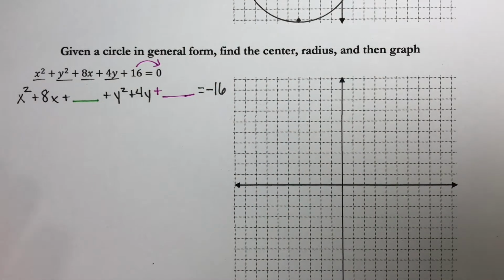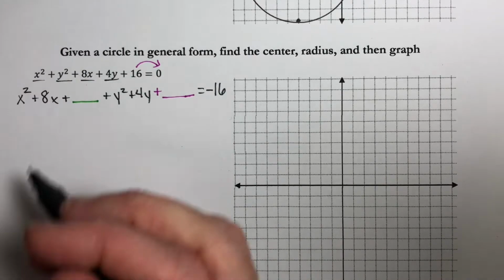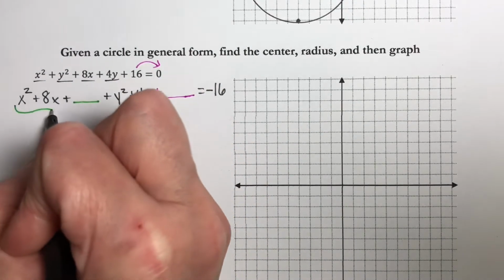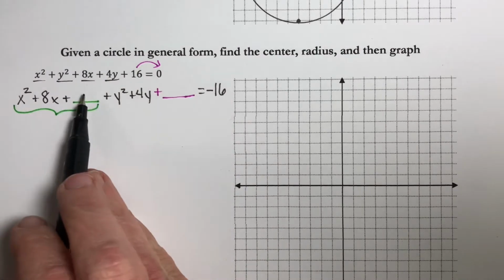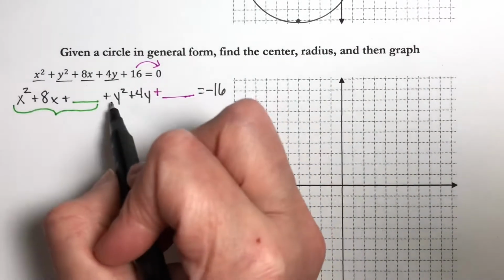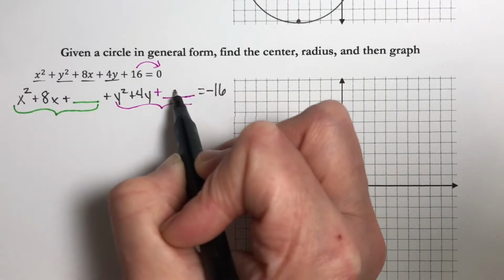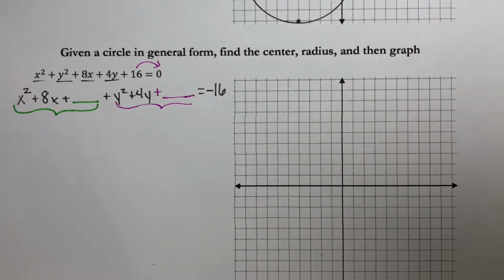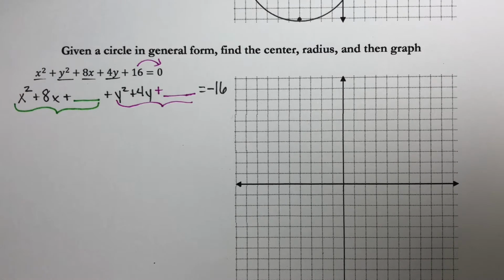Okay. Now I'm going to treat this like two completing the square problems. I'm going to complete the square here, and whatever I add here, I add to the other side. And I'm going to complete the square here too, and whatever gets added here gets added to the negative 16 on this side. To complete the square, we have to find the quote-unquote magic number.